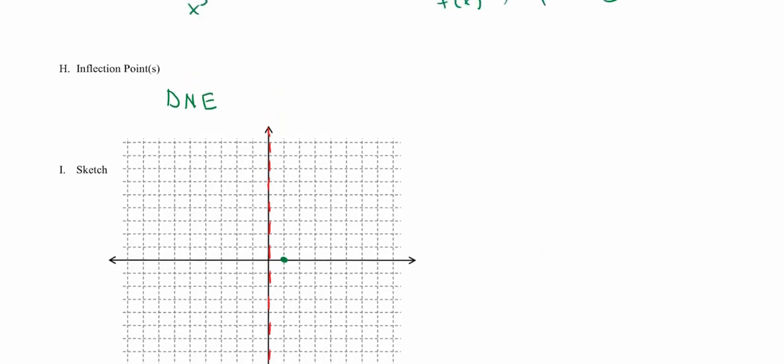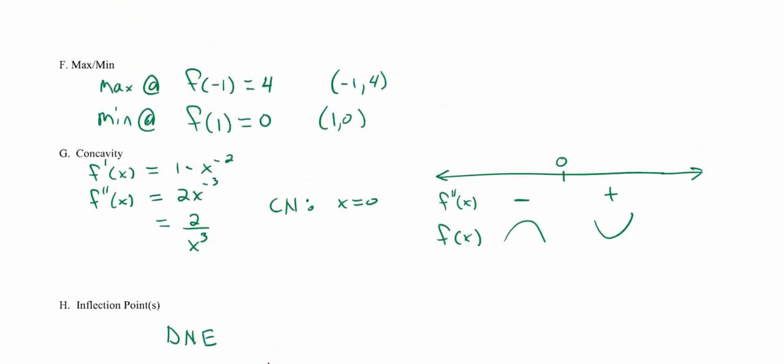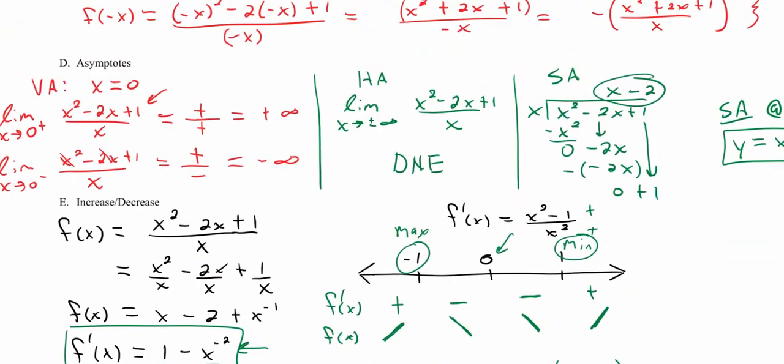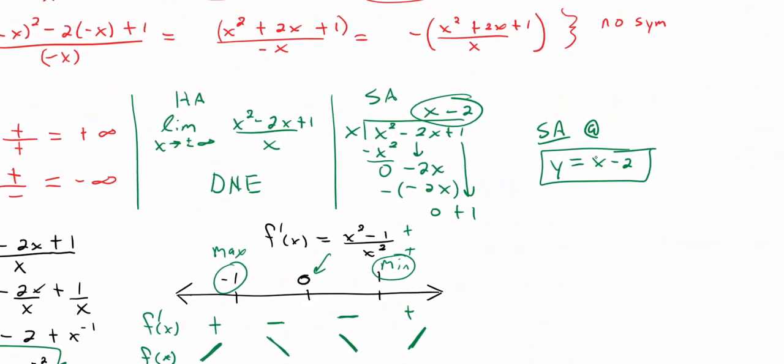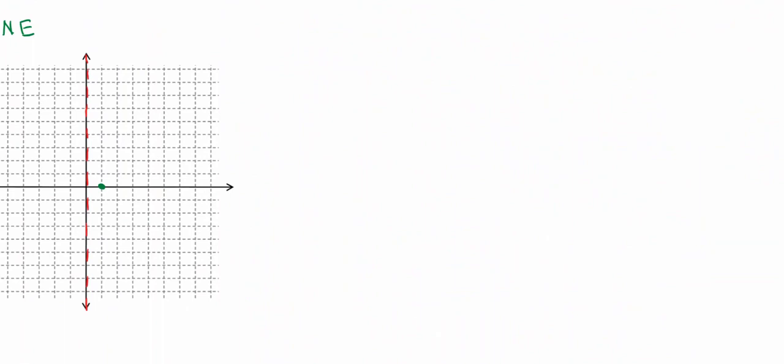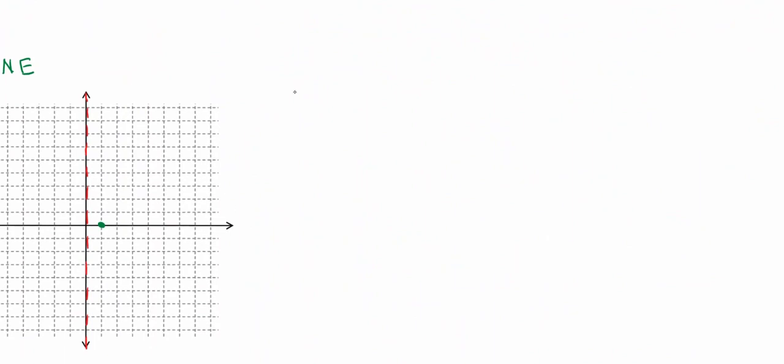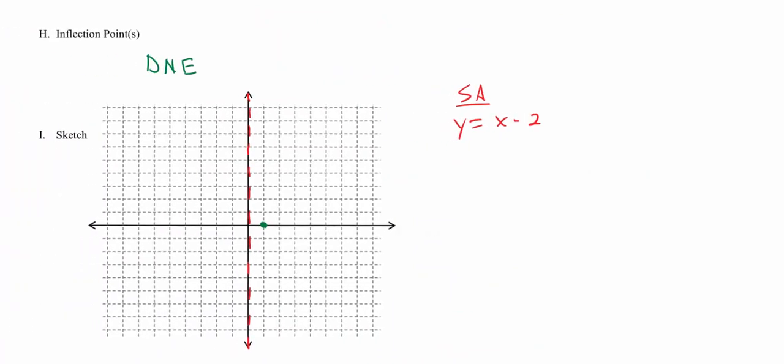Now, the other one that's going to be interesting for us will be this one, right? Our slant asymptote, y is equal to x minus 2. So I'm just going to write that to remind myself. We have a slant asymptote at y is equal to x minus 2. Okay, so let's sketch that one.